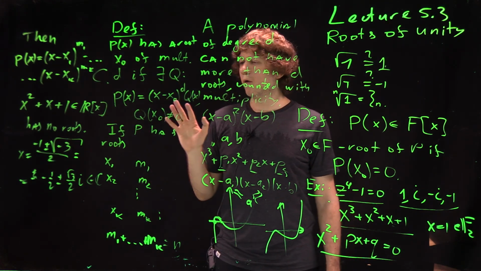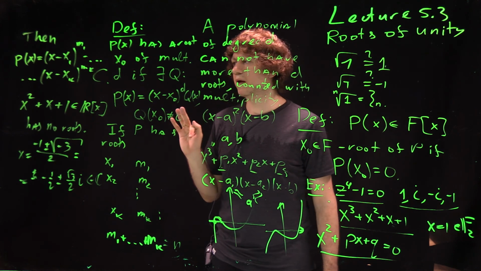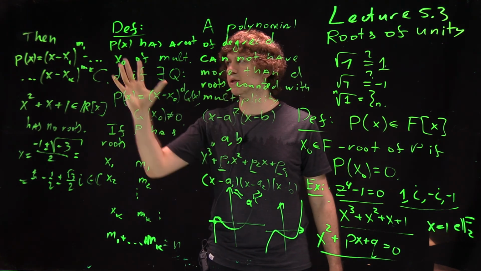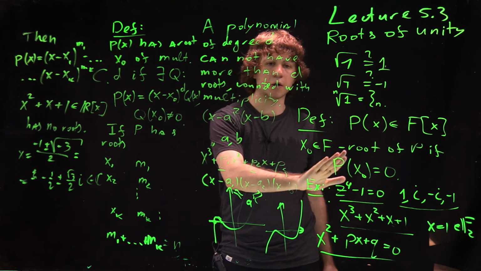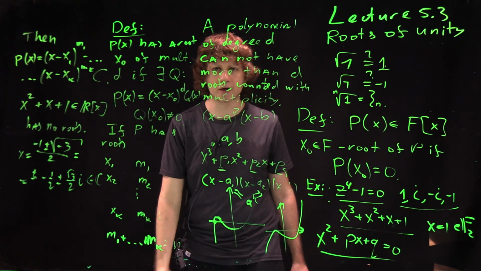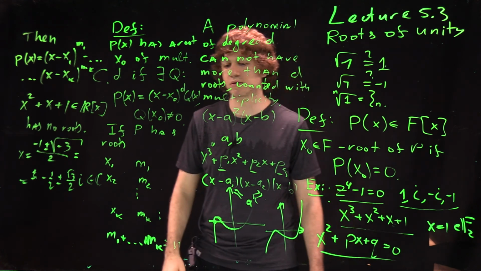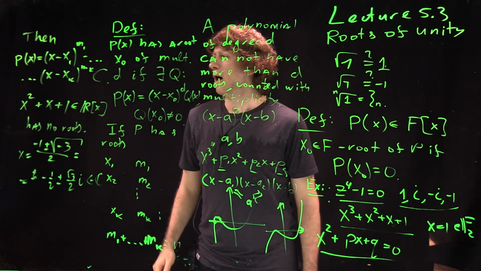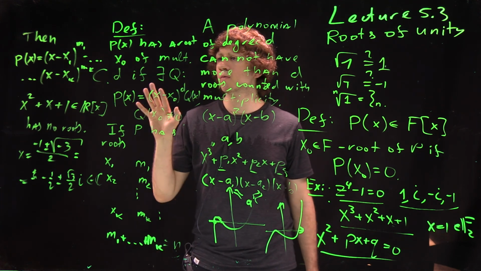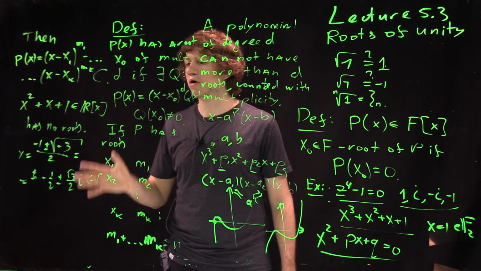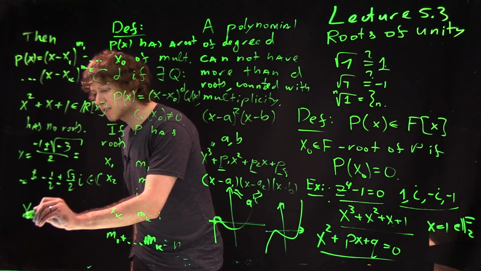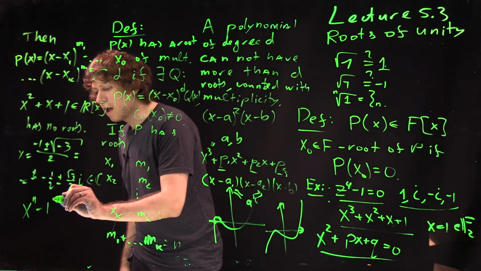So what I want to do now, I want to spend a few minutes discussing the relation between complex roots and real polynomials, because you are, after all, mostly used to real polynomials, and the question is, is there anything about their complex roots I can say? And after that, we will talk about roots of a very particular, very simple polynomial, namely x to the power n minus 1.